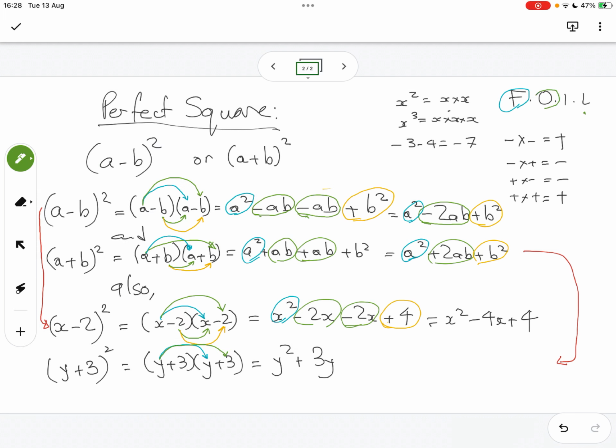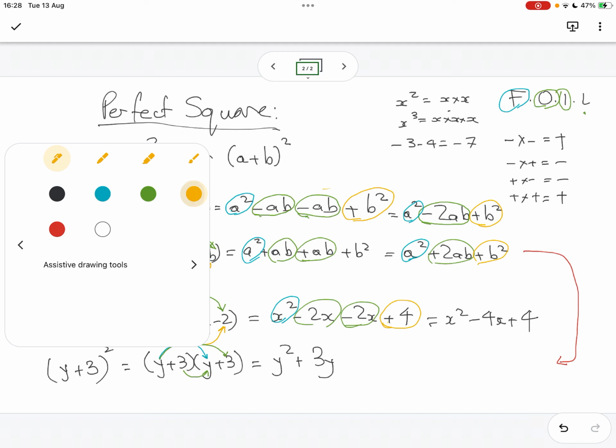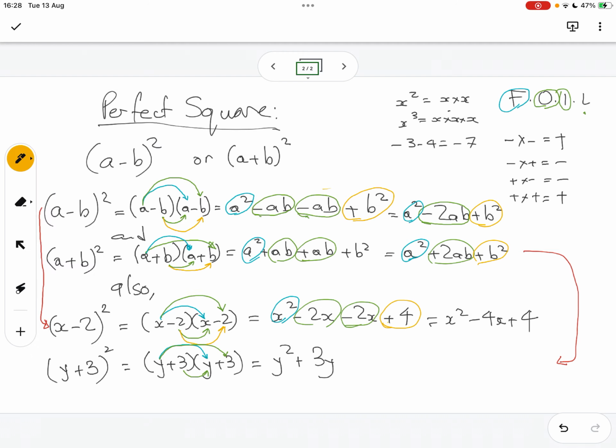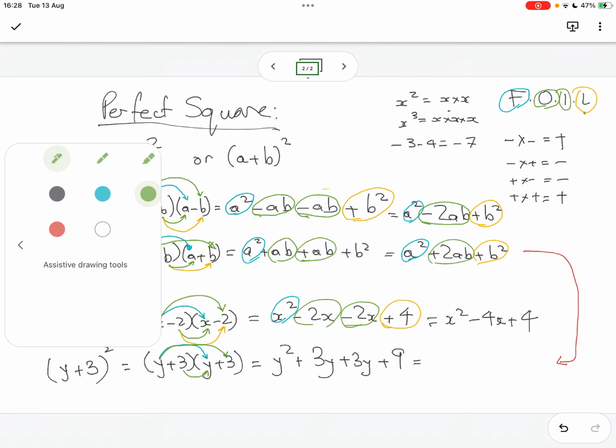Then the second one is outer. Then the third one is inner. Then the last one is last. So that would be plus 3y plus 9.